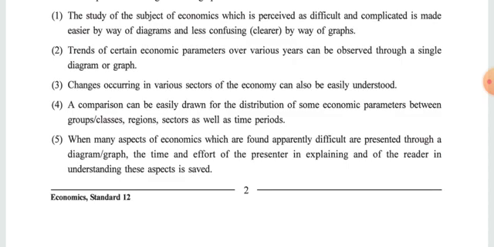Point number 5. When many aspects of economics which are found apparently difficult are presented through a diagram or graph, the time and effort of the presenter in explaining and of the reader in understanding this aspect is saved.